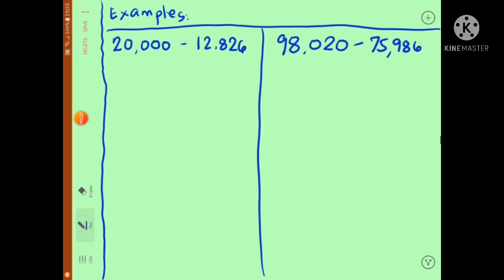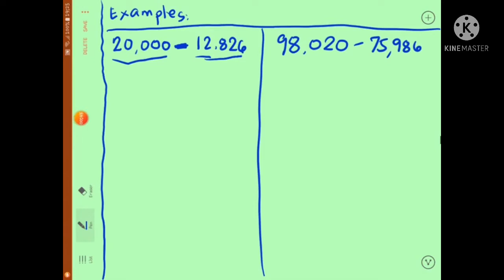Our first problem is 20,000, and the symbol is minus 12,826. That's the first one. Of course, for every operation of numbers, we need to line them up.